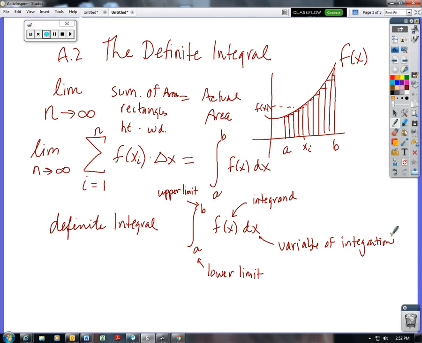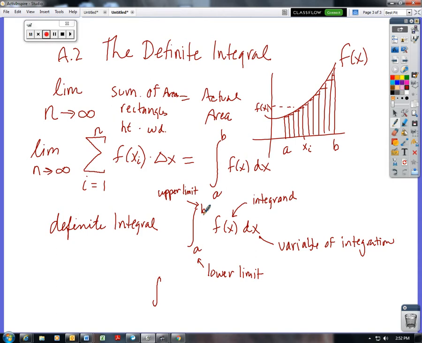Oh, and this symbol, this S, used to be an S for Leibniz and Newton. They were the pioneers of calculus. I guess that was the way they wrote their S's, but it evolved over time into the integral symbol.